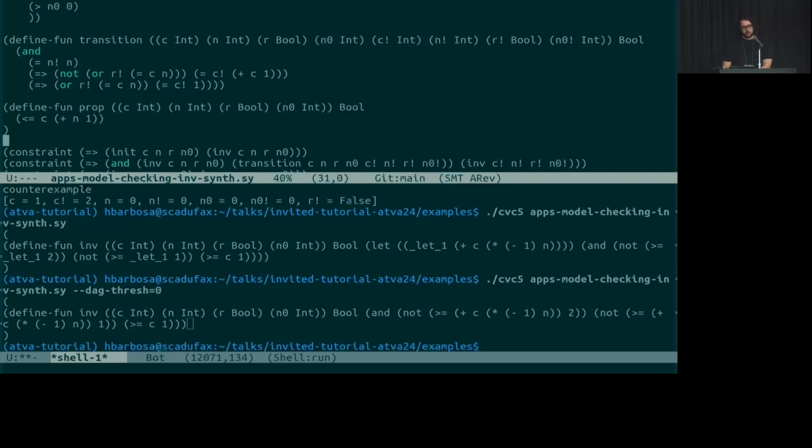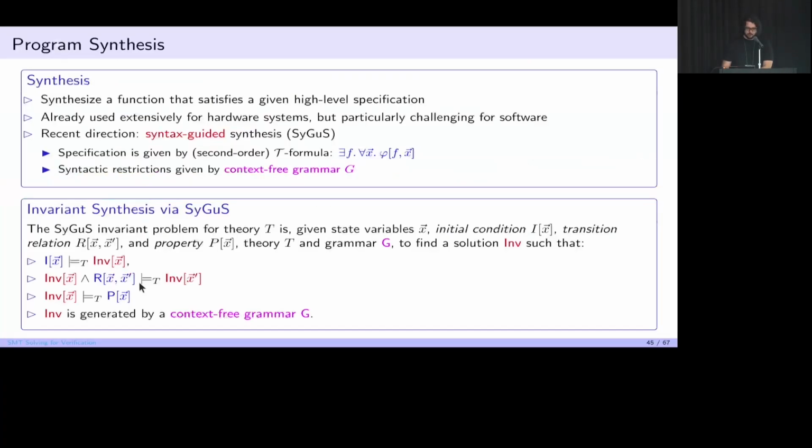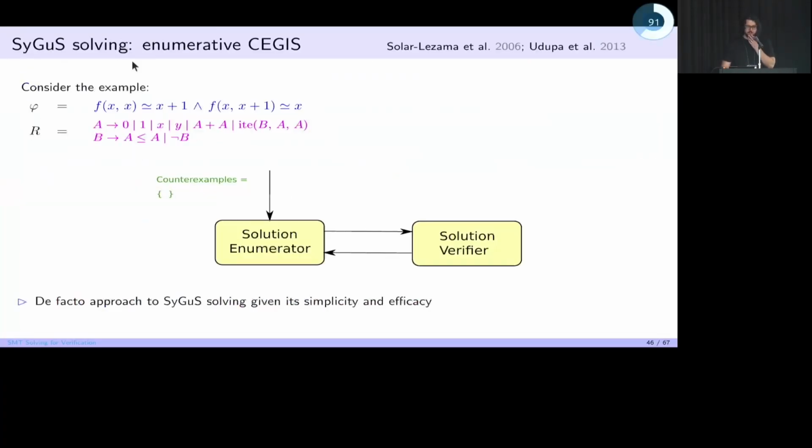So this is encoding the semantics. So it's a combination of the two things. So you are enumerating. The way that this is generally solved is these enumerative SyGuS solvers, the counterexample-guided inductive synthesis paradigm. So in this example, you would be enumerating a solution, it's failing, you get a counterexample, you test more until you succeed.